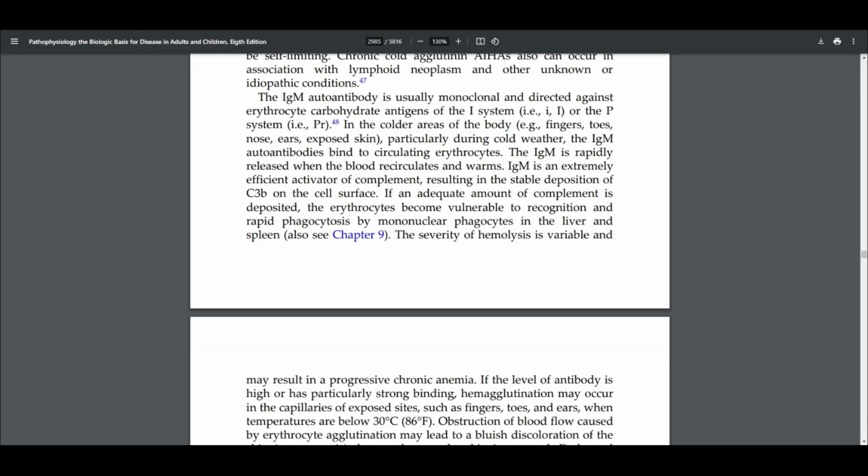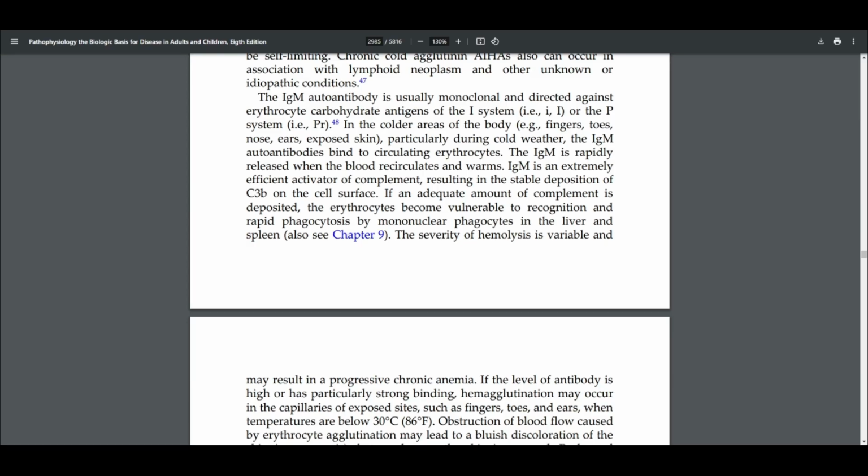The IgM autoantibody is usually monoclonal and directed against erythrocyte carbohydrate antigens of the I system or the P system. In the colder areas of the body, particularly during cold weather, the IgM autoantibodies bind to circulating erythrocytes. The IgM is rapidly released when the blood recirculates and warms.